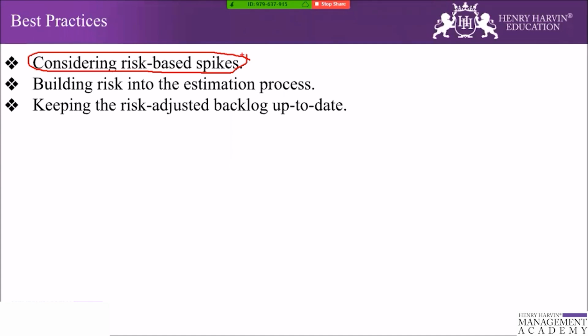The next is building risk into the estimation process. When estimating the stories, the team should also keep risk in mind. In fact, an estimation session can be a good place to record information about risk that would cause one story to be estimated higher.